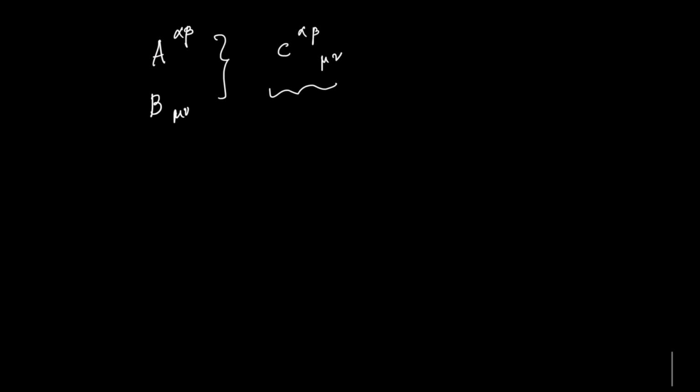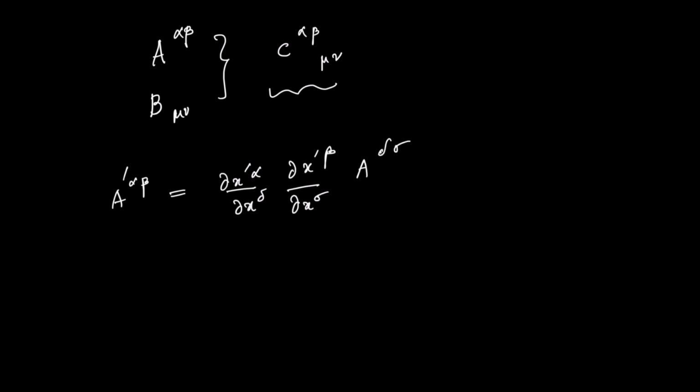That also you have to write. Suppose A alpha beta transforms as A prime alpha beta is equal to partial derivative of x prime alpha with respect to x delta and partial derivative of x prime beta with respect to x sigma A delta sigma.